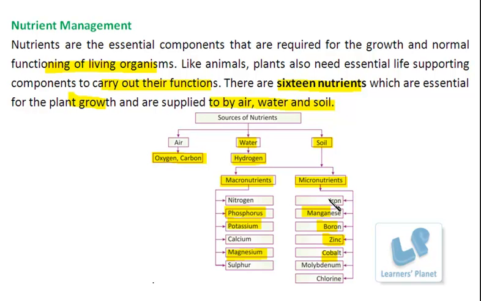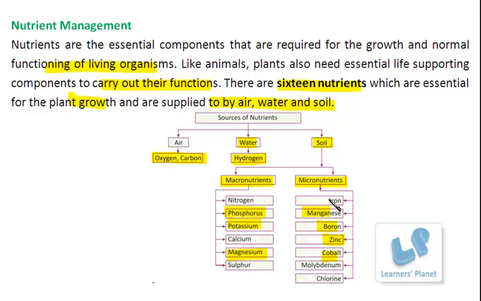Now the thing is, what do large quantity or less quantity actually mean? You have been studying the terms macro and micronutrients since long, and you have studied them in junior classes also, but exactly which concentration is considered high or low in case of plants or any other organism?